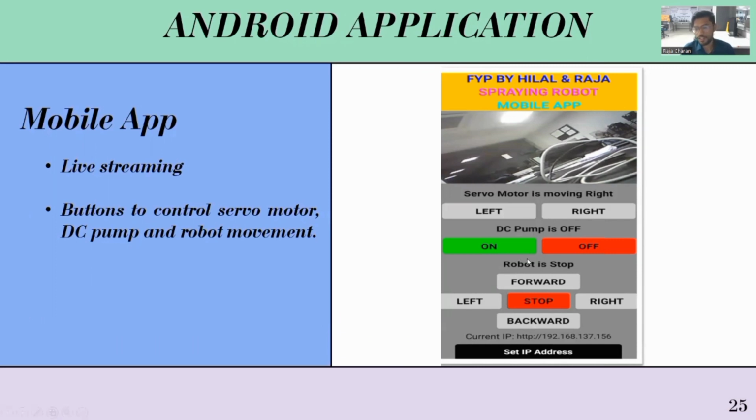And here are some buttons for controlling the servo motor, left and right, and for controlling the pump, on and off. The other buttons are for controlling the robot: forward, backward, left, right, and stop. And here is the IP address that we use to communicate with the ESP32 microcontroller to control the components interfaced with it.